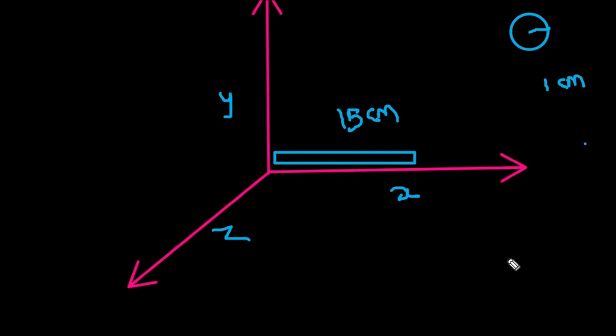So I can say this is a 1D problem. How do I say that? Here the length is 15 centimeters, that means in the x direction it is 15 centimeters. One dimension is too long compared to the other two dimensions, right? In the y direction it is 1 centimeter, and in the z direction it is 1 centimeter.